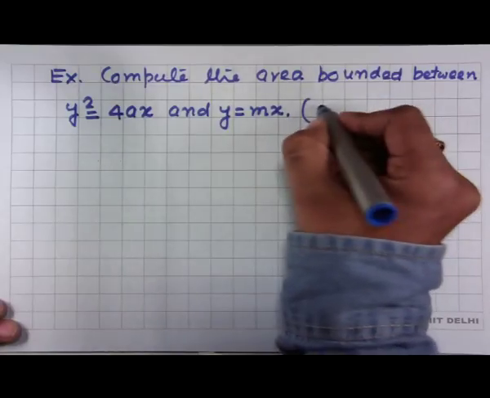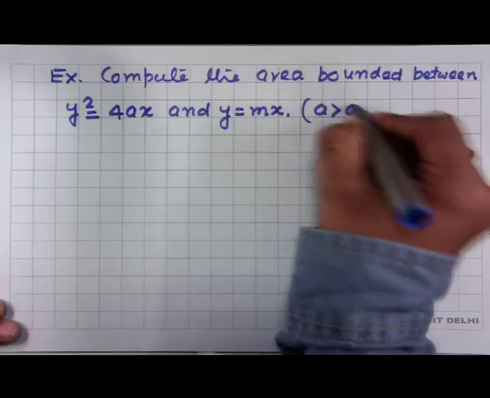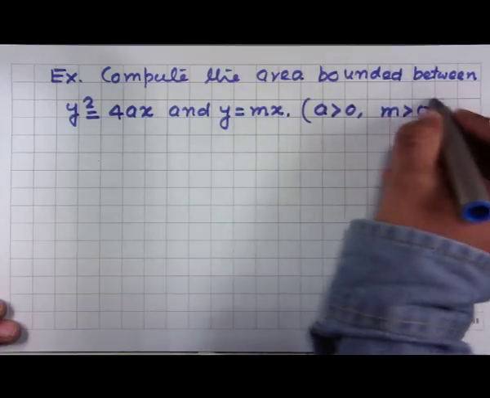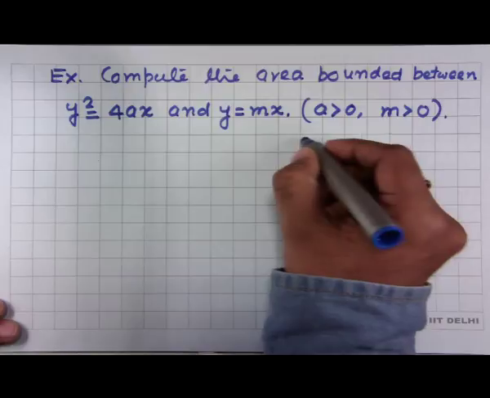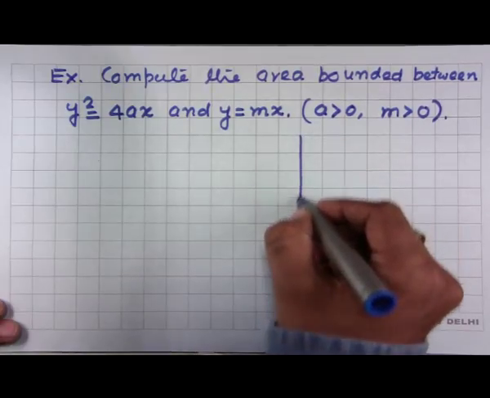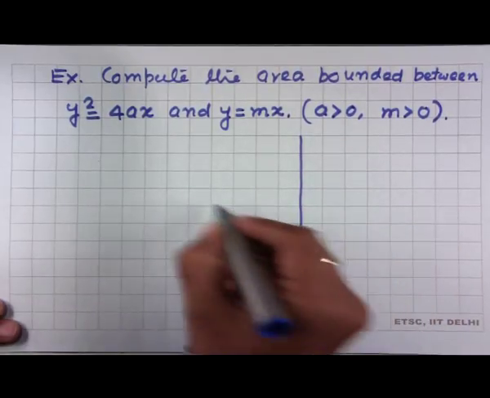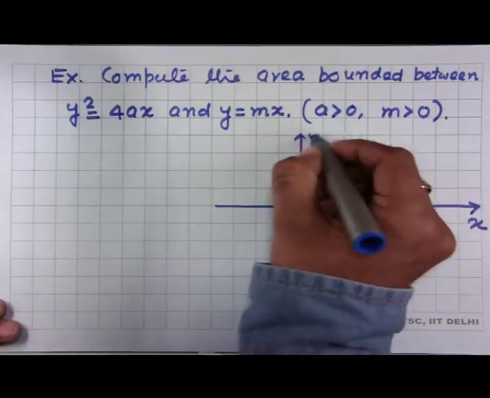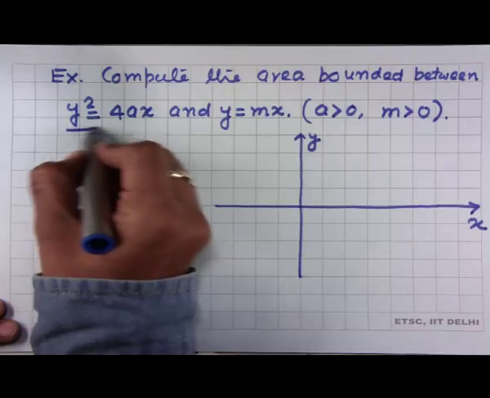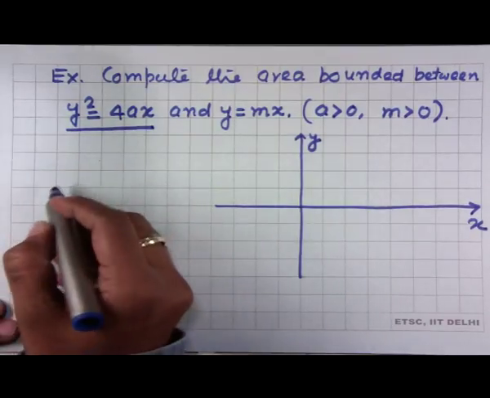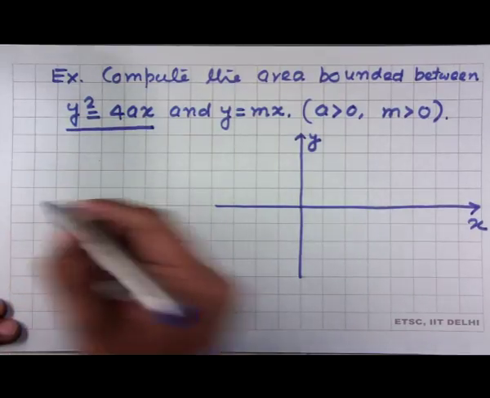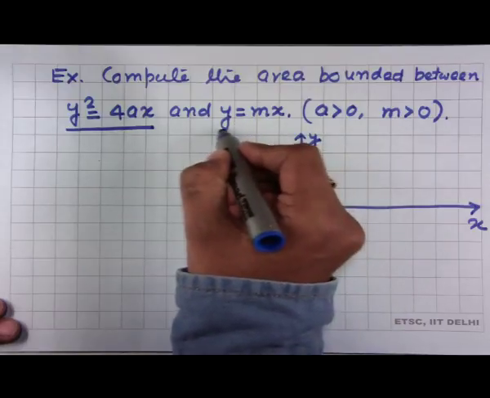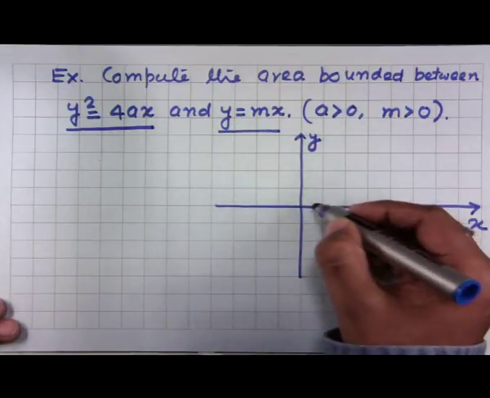Here it will be good if you assume a positive and m positive, so that we can plot both the curves given. So, if this is your x axis and this is your y axis, y square equals 4ax is a parabola whose vertex is 0, 0 and y equals mx is a line passing through the origin.